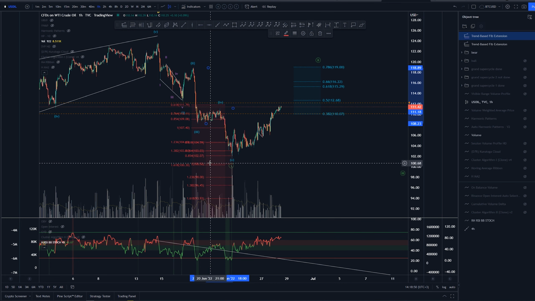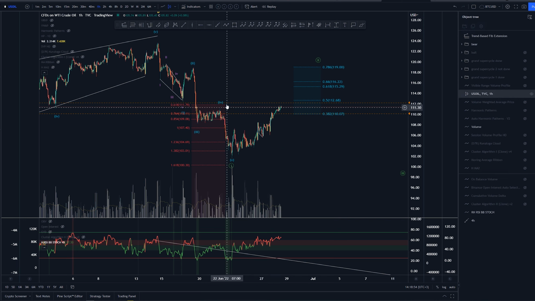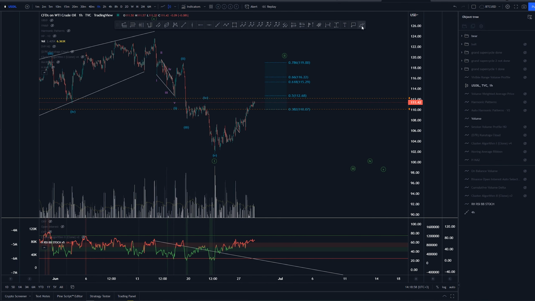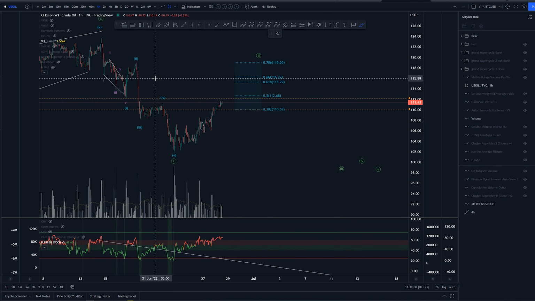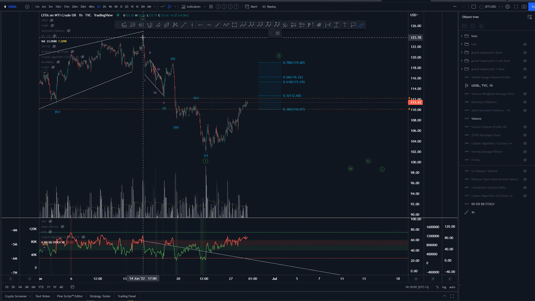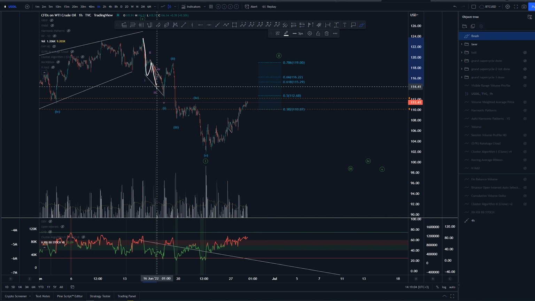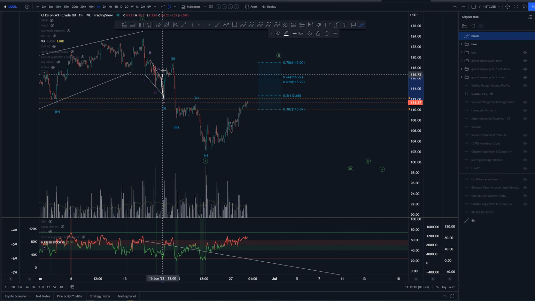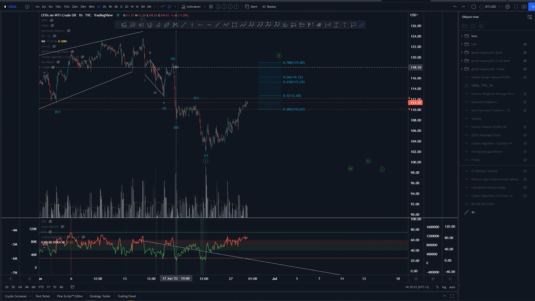It is just barely larger, as you see, a 1-to-1 extension here, than wave 5, so there are no real issues. It is a valid structure, but as mentioned, generally when we have a leading diagonal, the impulse structure after wave 3 is really large.